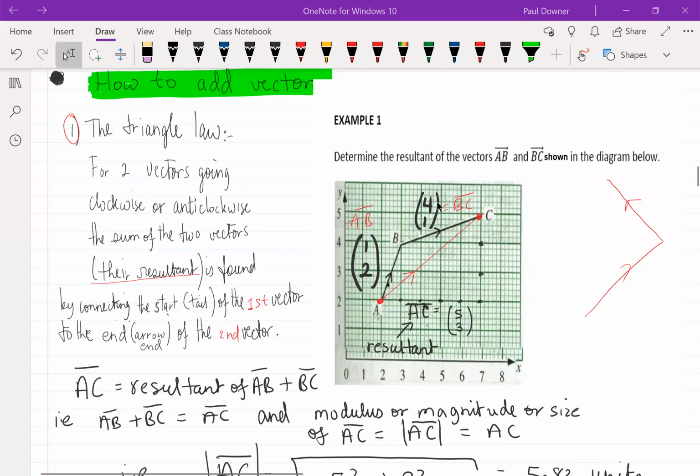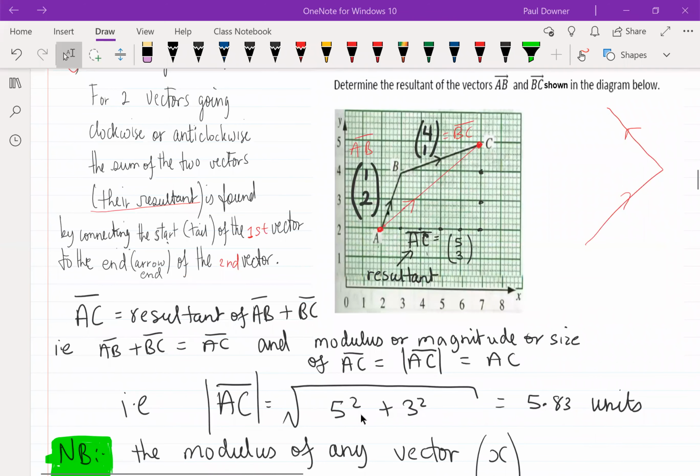Now, if we have to add these two, that's not a problem. I could add them together and get my answer by saying (1, 2) plus (4, 1).